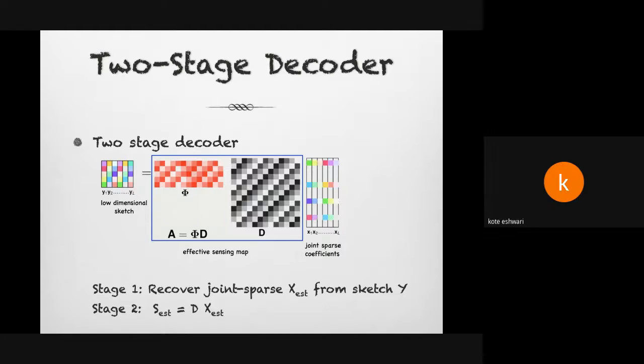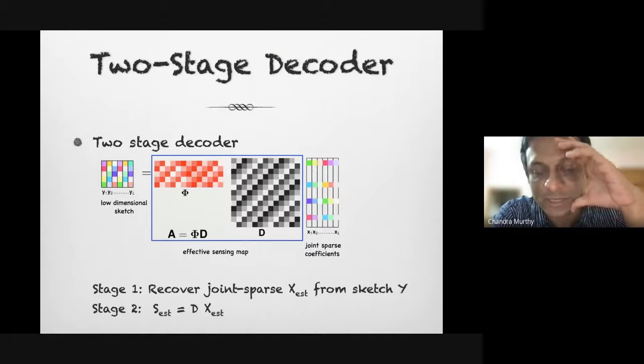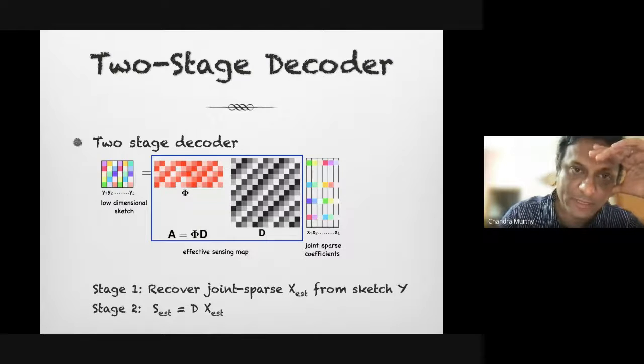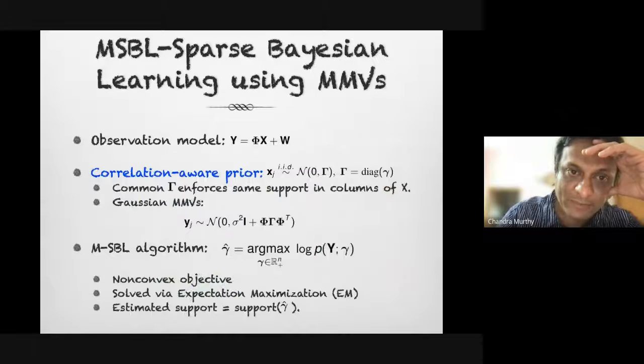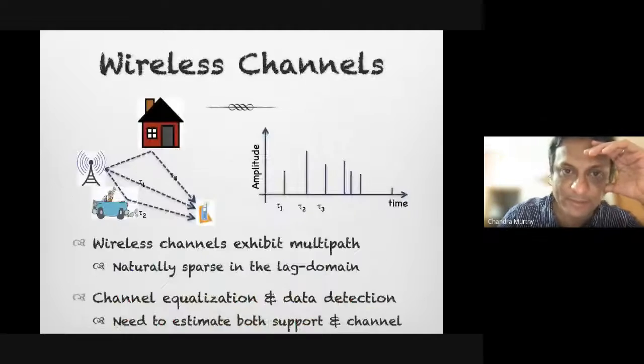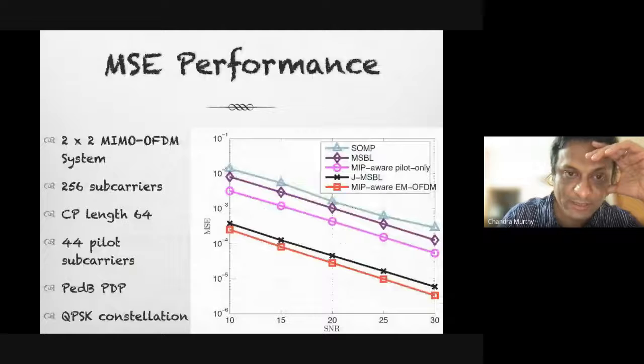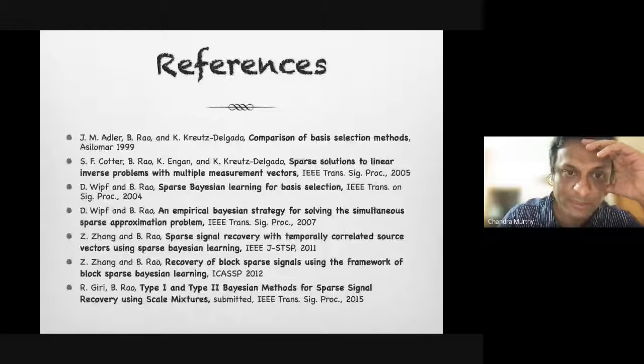Can you tell me any materials to read about the recent algorithms? About which? About this joint sparse recovery and also these advanced algorithms. There's a lot of material, but I have some references at the end of my presentation, and I can share the slides with you after the talk.